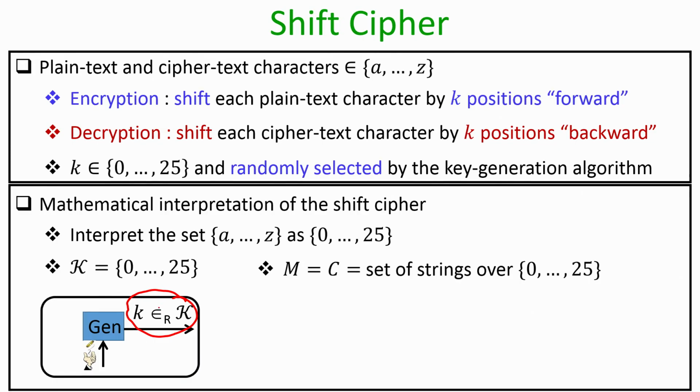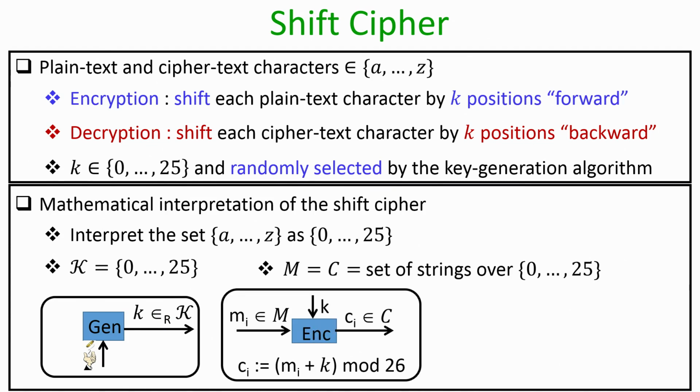The notation with subscript r denotes that the output of the key generation algorithm, namely small k, is randomly selected over the key space, and the randomness here is uniform randomness. So, the notation with r denotes that the value is uniformly selected over the set capital K. That is the interpretation of the notation with subscript r.